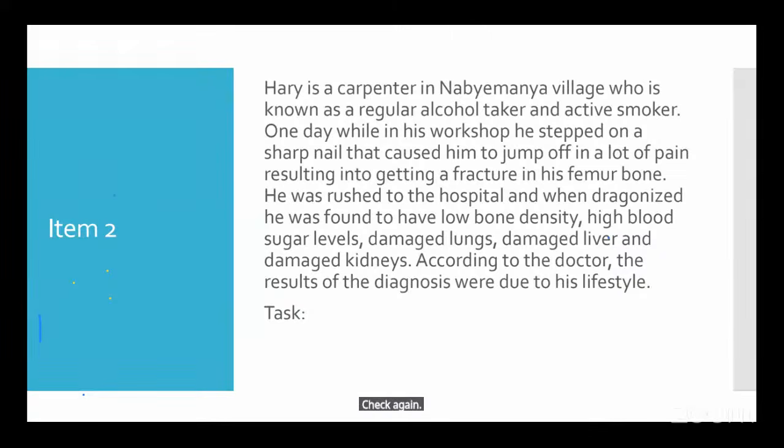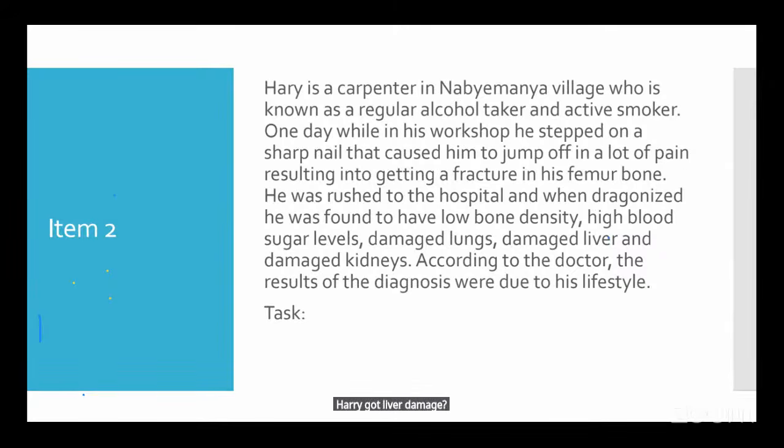Okay, next in line. Comfort. I'm going to explain about the damaged liver.